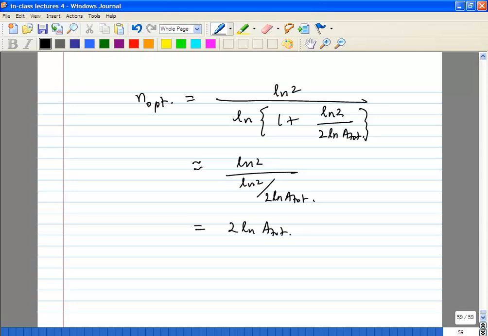Okay. So now you want to find out the optimum gain per stage. Let's call it A opt. Is nothing but A tot whole power 1 over n naught. Again we'll rewrite it like this.